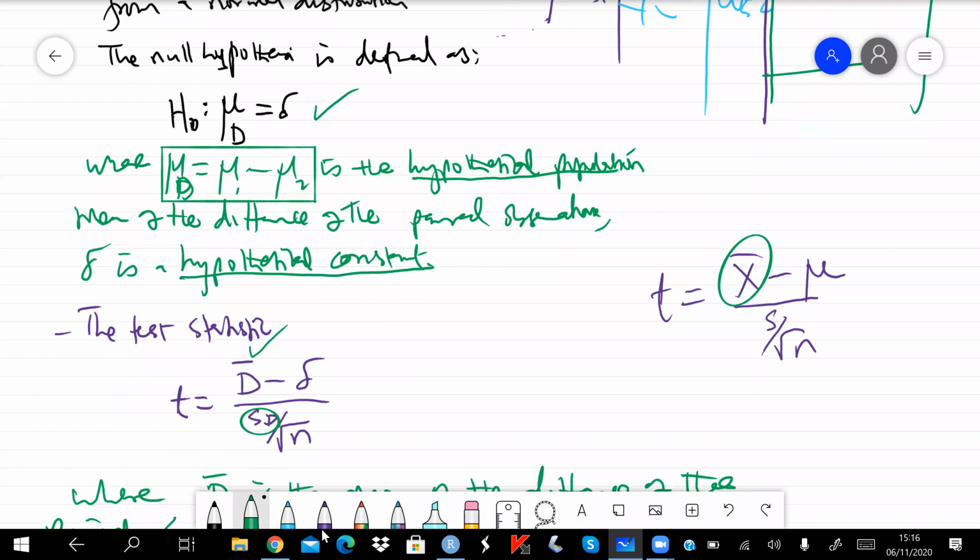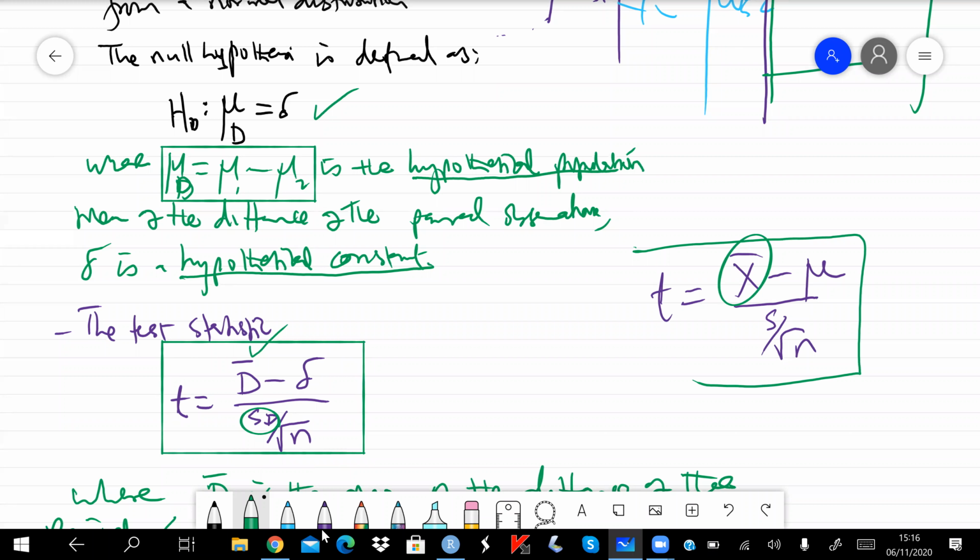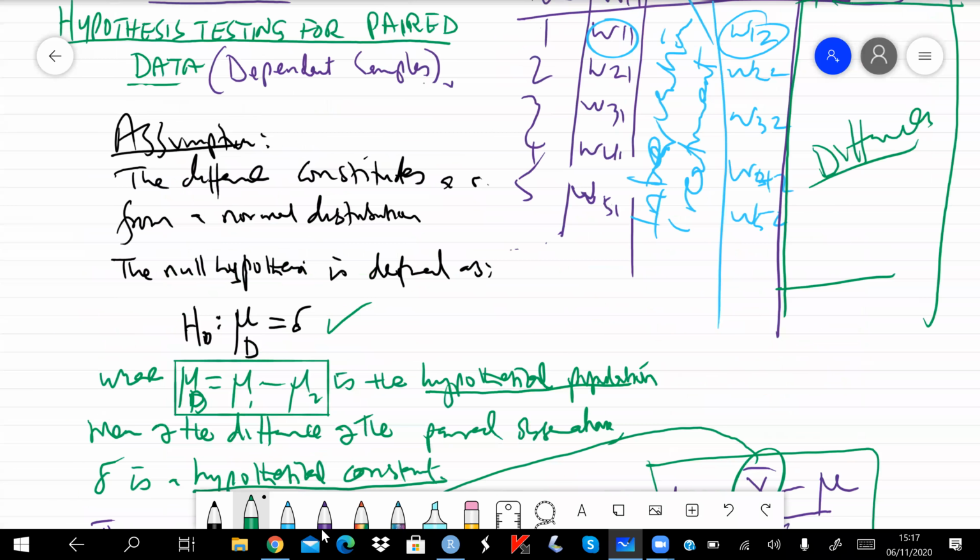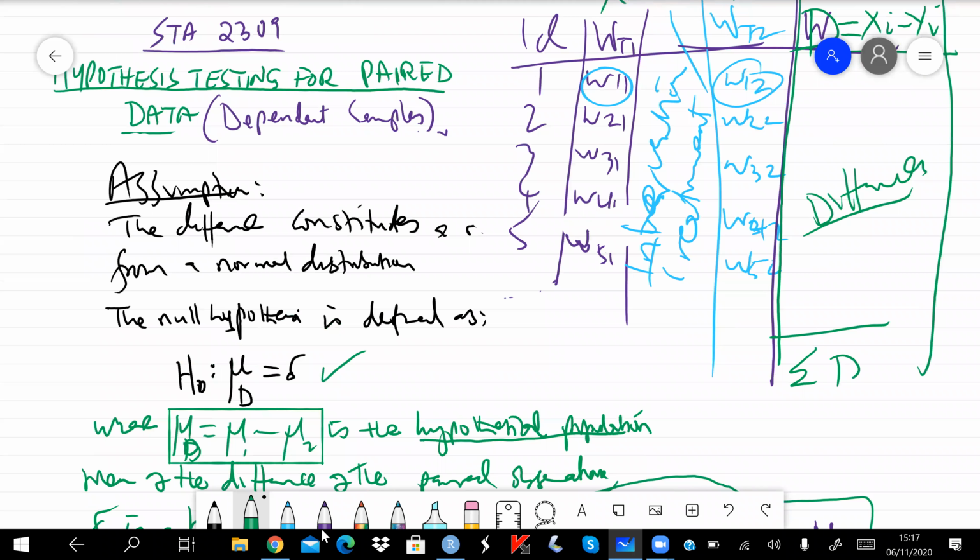Then the test statistic is defined as shown here, which is analogous to what we have been using in the case of single samples, where T is given by X bar minus mu over S over root N, where X bar here corresponds to D bar. So we need to get the mean of these differences. You sum the Dis.